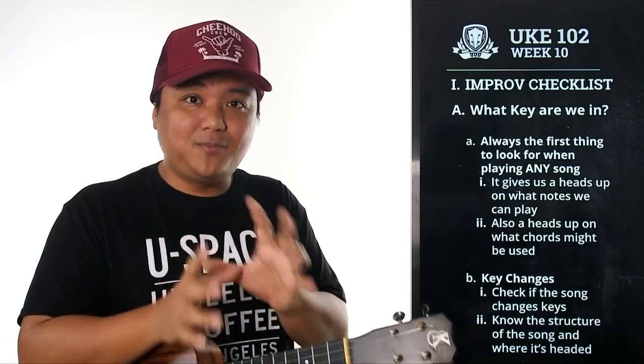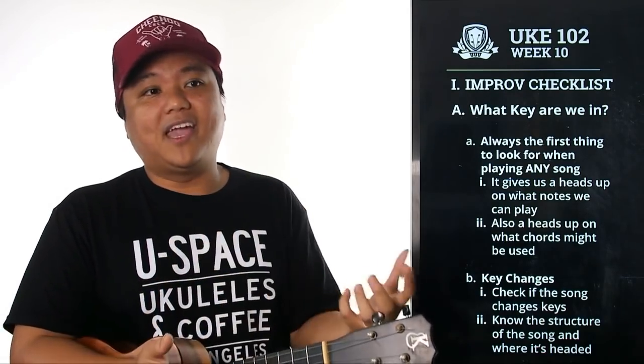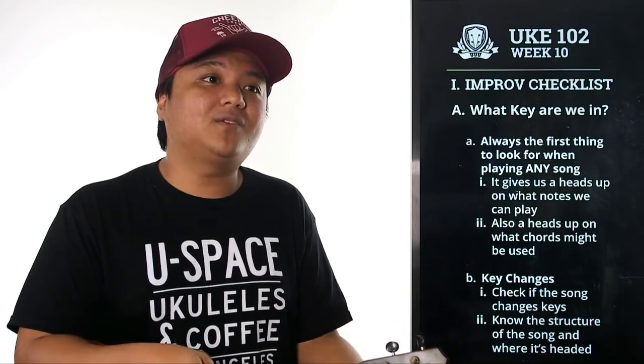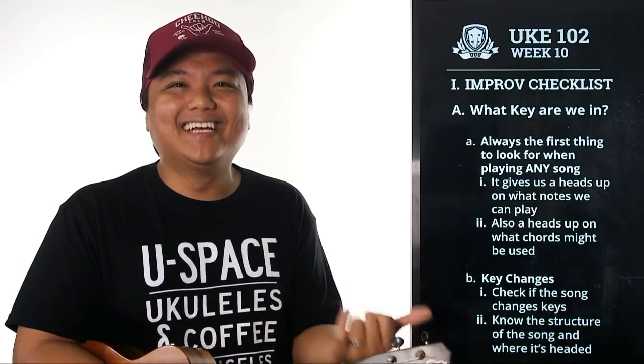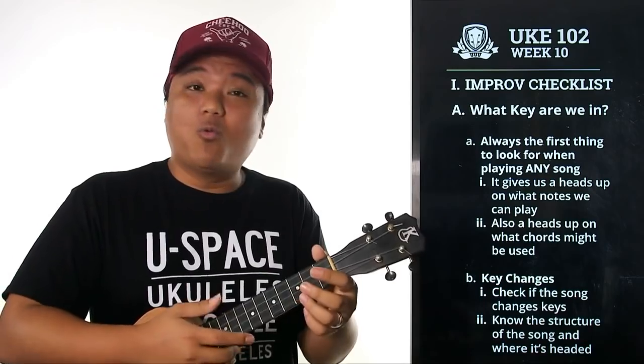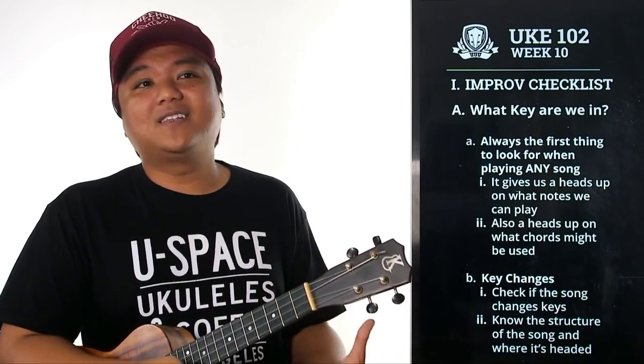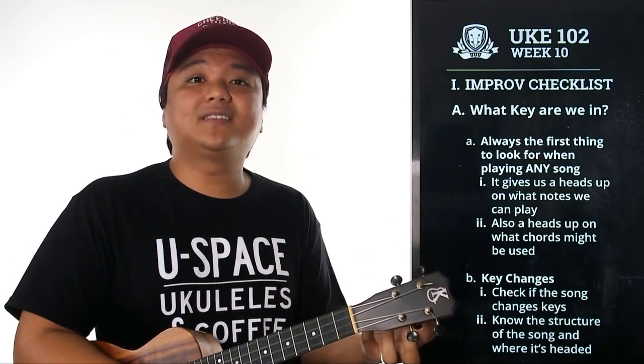I know that I have to be aware of those sounds. And just like what we talked about last week, 1 sounds like home, 4 sounds like our destination, 5 sounds like our way home.